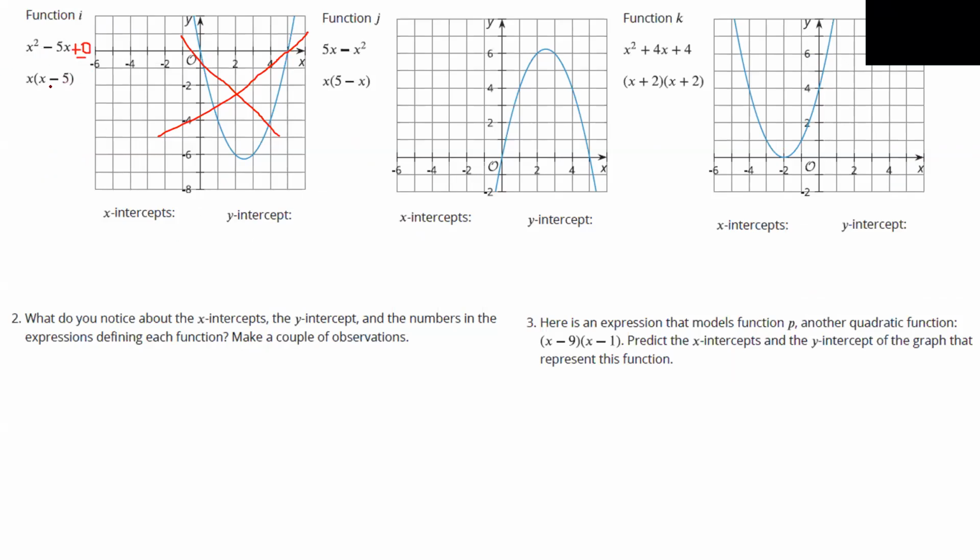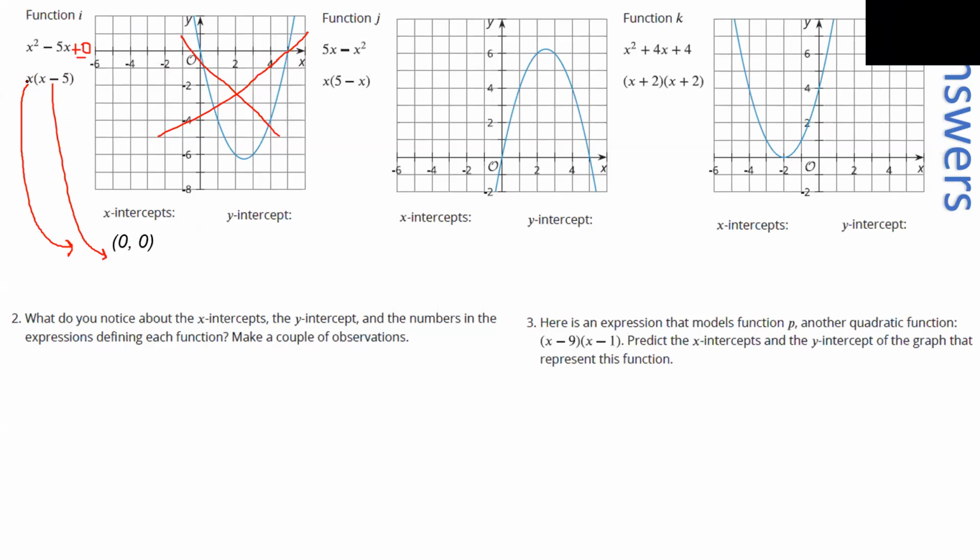Now, in this situation, I have x times (x minus 5). So my 2 x-intercepts would be this point and this point. Let's do this one first.